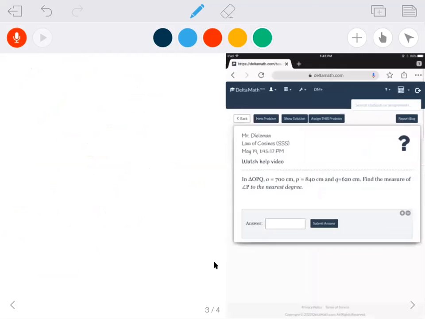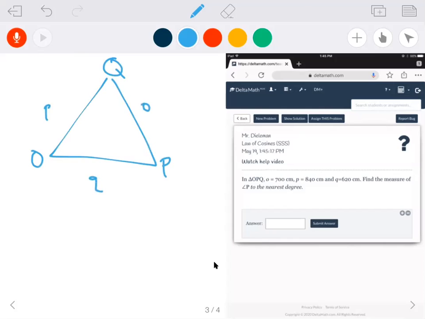Let's move on to another example. So let's look at our triangle. We've got, in this case, triangle OPQ, which means that this is going to be a lowercase p, this is going to be lowercase q, and this is going to be lowercase o.